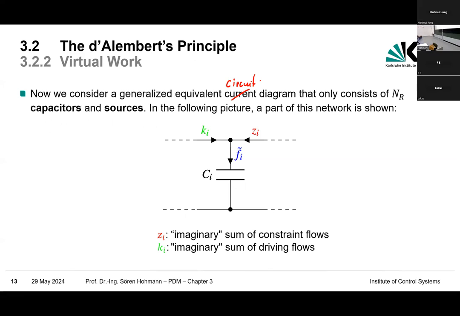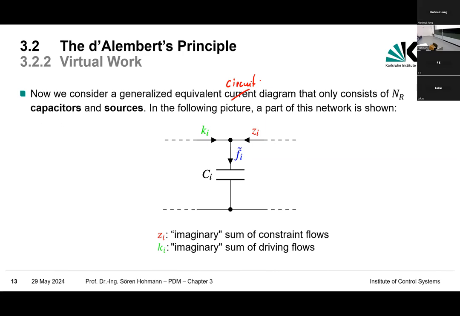That's the situation. So usually you have a network of capacitors and some sources, and the question, which is our guiding question from the very beginning, is how we can use all the things we learned about virtual displacement.